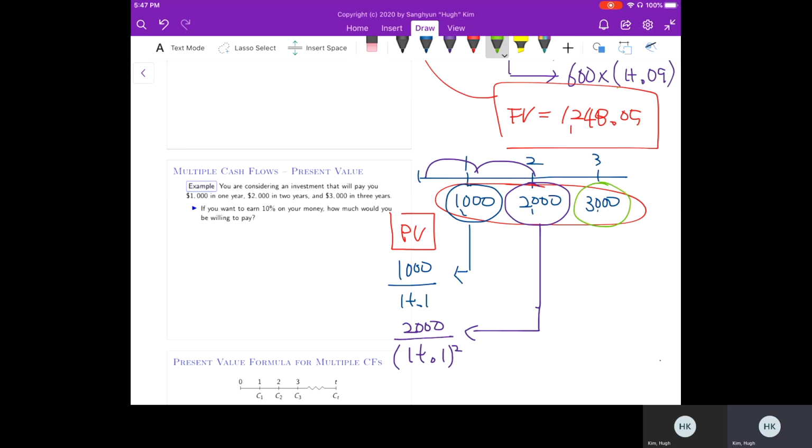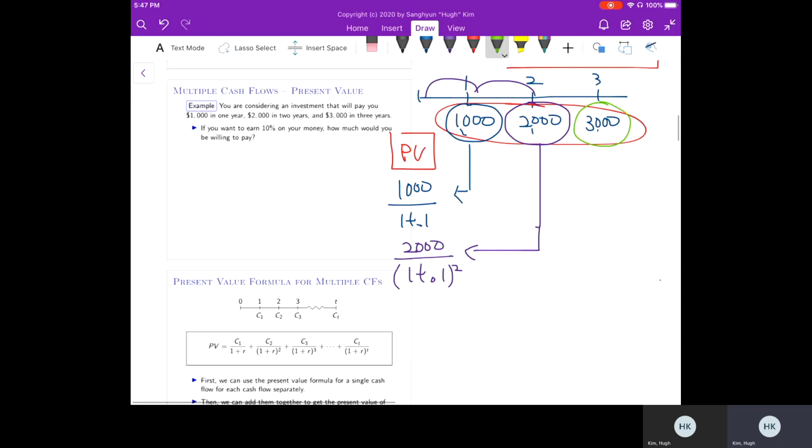And the present value of this $3,000 is 3,000 over 1 plus 0.1 cubed, because we have to discount this 3 times. So they are all in the same currencies, in today's dollars.